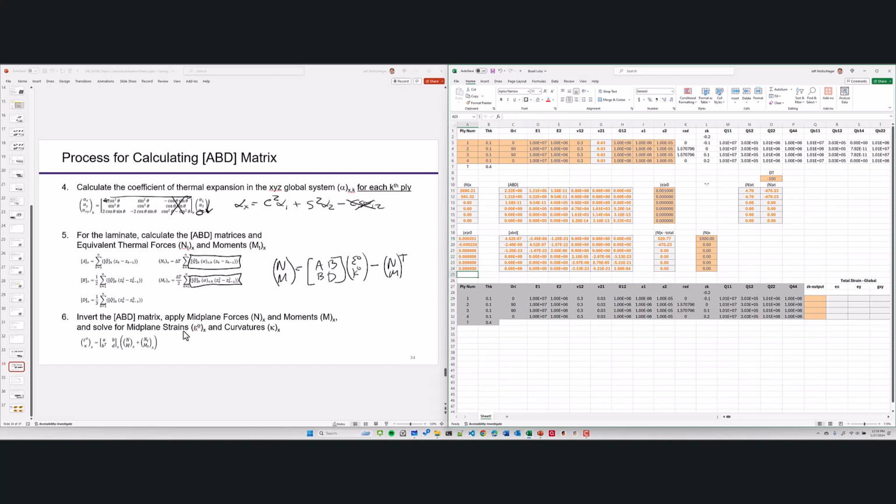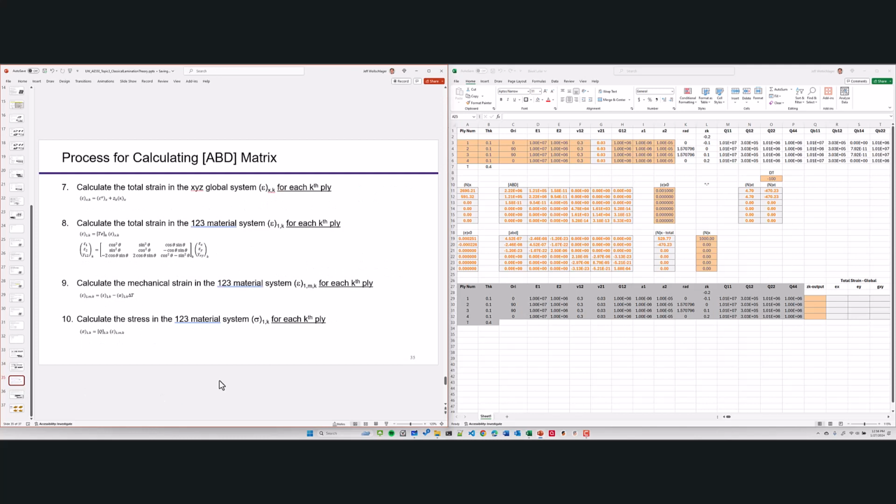Okay, so now we've got step 6 done. And effectively at the end of step 6, we've transformed everything into global, summed everything up, and then solved our problem. And now we're going to unravel everything back to local. So we're going to do the reverse process all the way back to local for every ply. Okay, let's go ahead and do that.